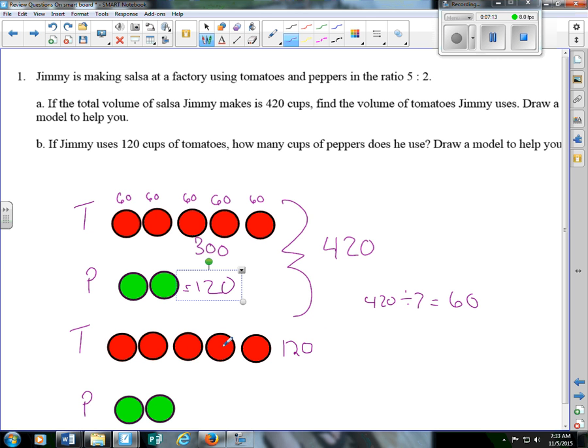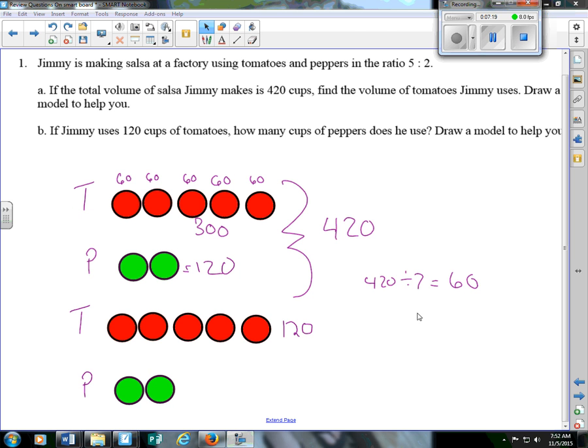We have 1, 2, 3, 4, 5 going into 120. So I'm going to divide that out. My pen really has quit working on me, so I'm going to just apologize ahead of time. But this one would be 120 divided by 5, and that equals 24.